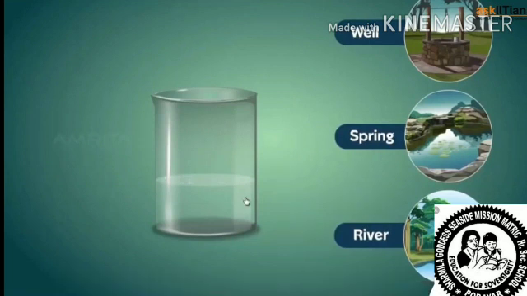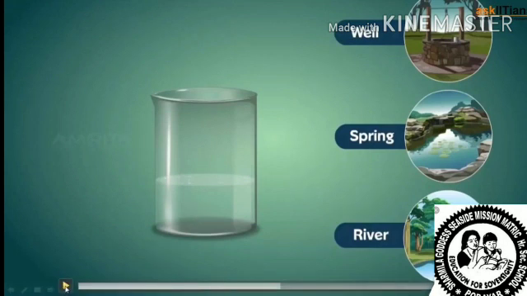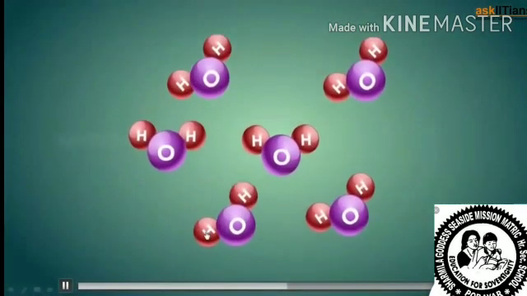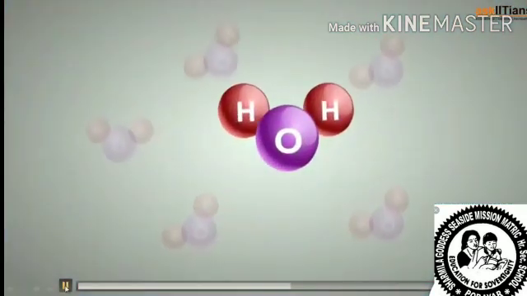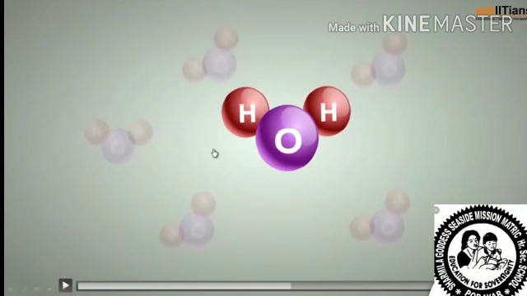So, let us take this example. The water, if you see, contains H2O molecules. If you take one particular H2O molecule, it contains 2 hydrogen atoms and 1 oxygen atom. The mass of 2 hydrogen atoms is 2 grams, the relative atomic mass, and the mass of 1 oxygen atom is 16 grams.